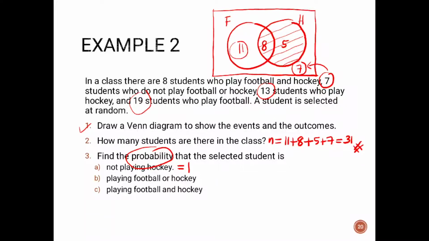So the probability of not playing hockey is 11 plus 7 over 31, which is 18 over 31. That is 0.5858.